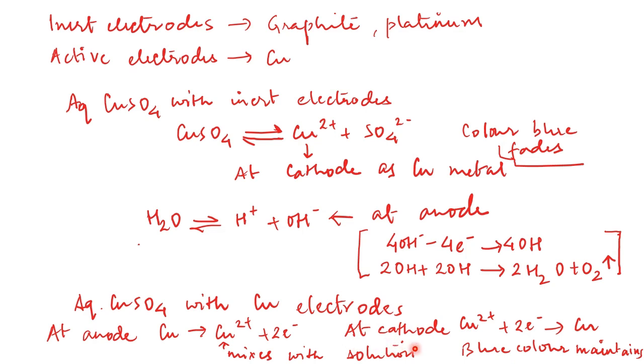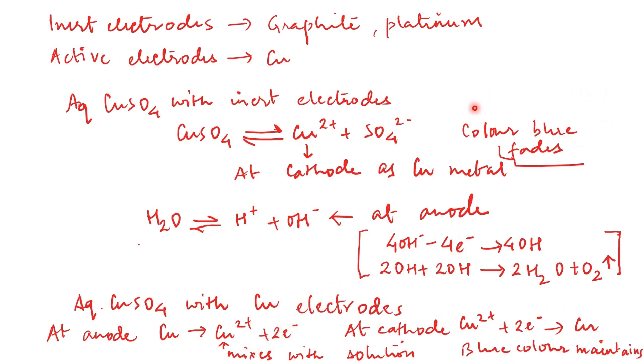And at the cathode you have copper ions deposited as usual. See the difference between the two. Here copper deposits at the cathode while oxygen is liberated at the anode. In this, at the anode, copper is released as copper ions, with no deposition and no gas release, while at the cathode there is deposition of copper metal. So the cathode reaction is the same, but the anode reaction is different.